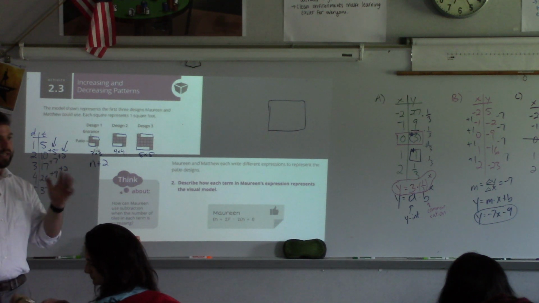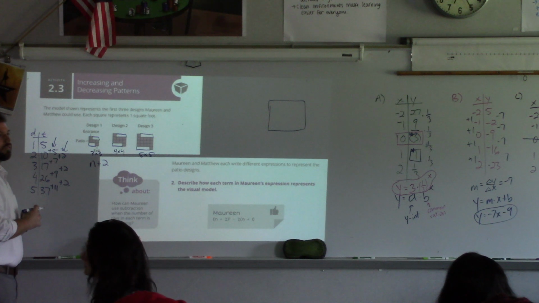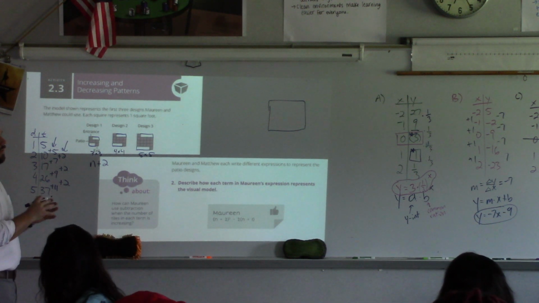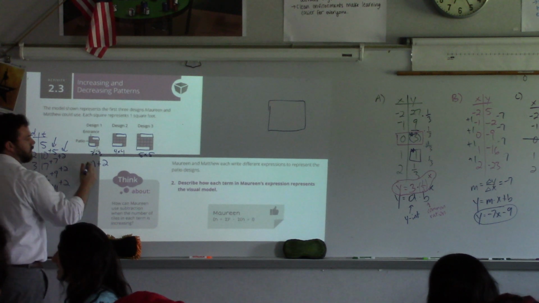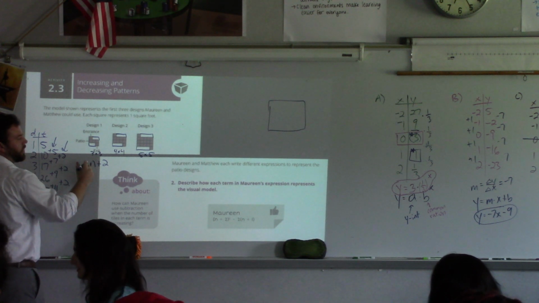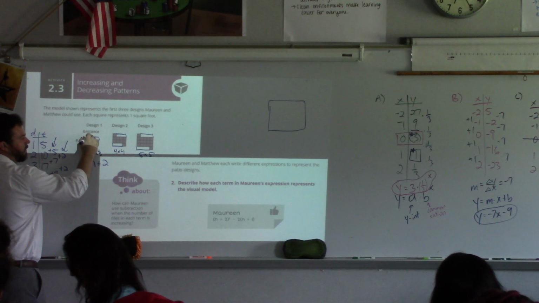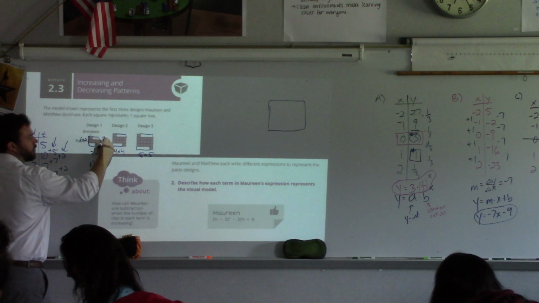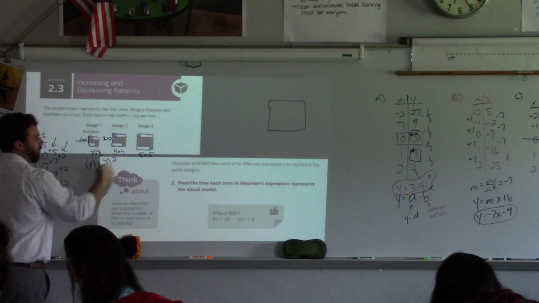She is looking at this visually, and she's honestly seeing it in a way that I never would have. I'll show you tomorrow, or I guess when we get back to this, so probably not until next Monday, but I'll show you how I got to here. But she's seeing n plus 2. 1 plus 2 is the length of this square. 2 plus 2 is the length of each side of this square. So n plus 2 squared.